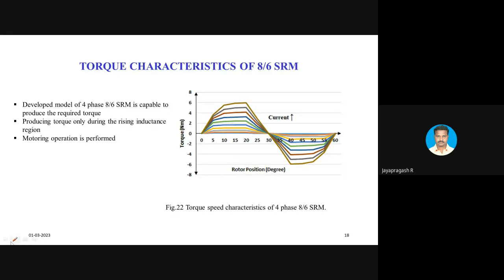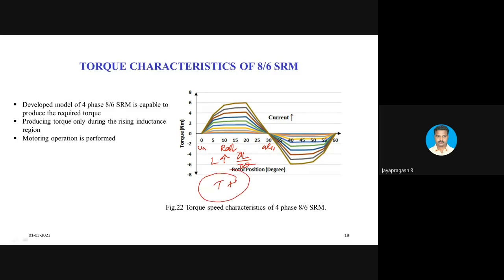And this is the torque characteristics which we obtained from the static characteristics of SRM. As I said, we have given this graph to understand that the machine possesses reversible characteristics. When the rotor moves from the unaligned position to the aligned position, reluctance decreases and inductance increases. dL/dθ is positive, and the torque is also positive.